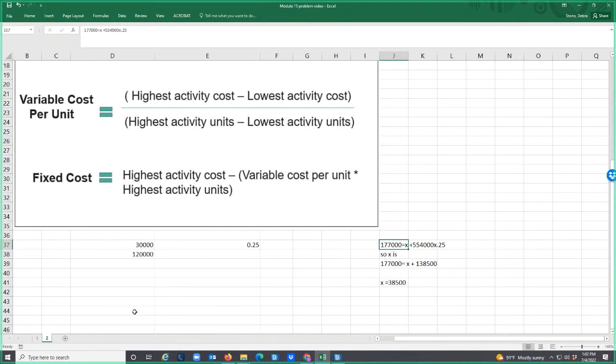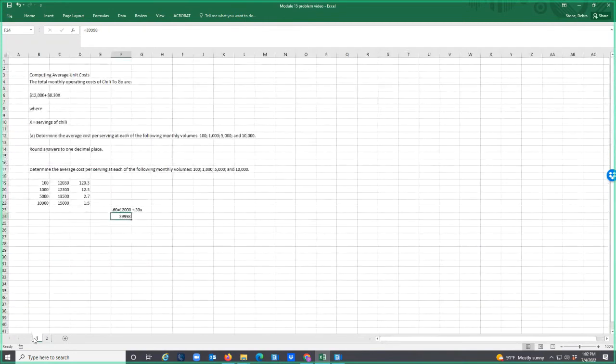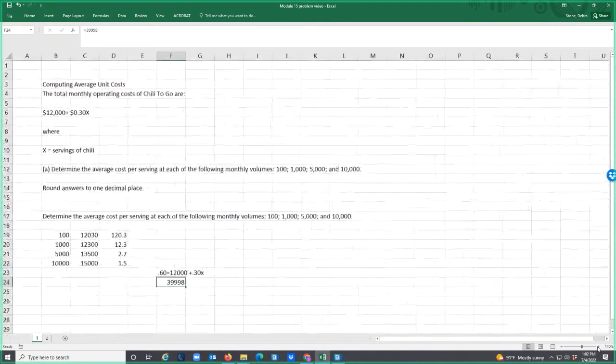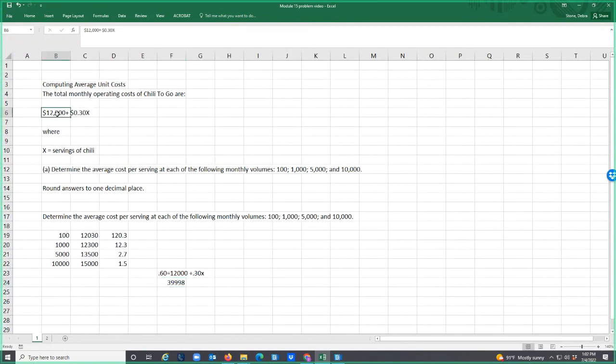You have many other problems using this one that you have to do. Again, let me show this figure. Here's the formula I gave you. Now I'm putting volume numbers in it and seeing how that changes the cost.